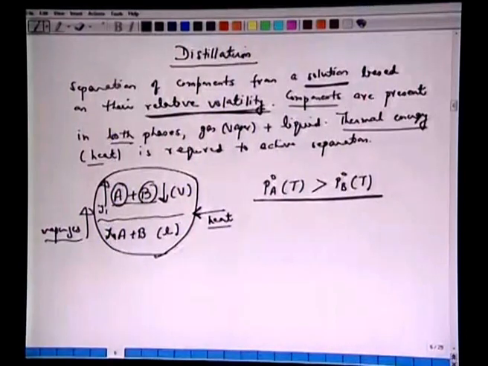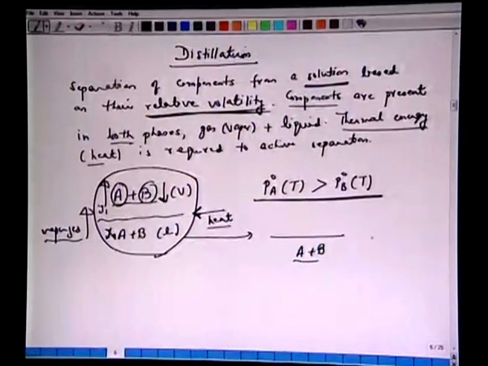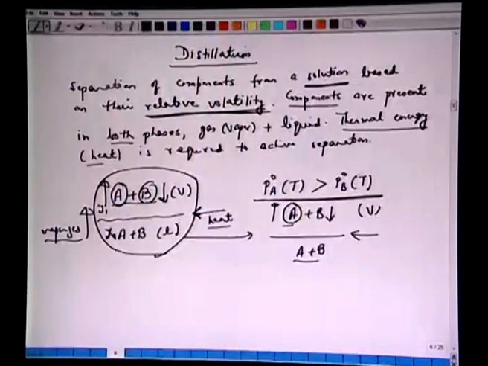Take this second product, go to the next stage, there again you have A plus B, now starting with different mole fractions, again give heat, again it causes separation of A plus B, and the vapor phase is now richer in A and leaner in B. So, this is a stage wise process here.